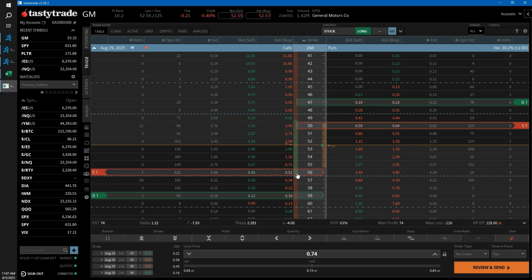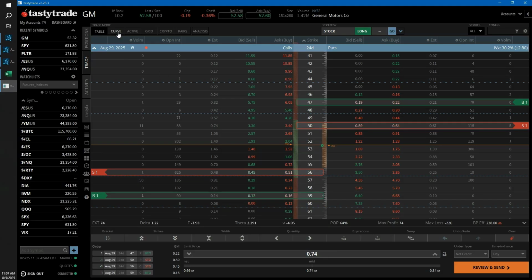Now going to the upside, selling credit to the upside, 56 right at one standard deviation, and then buying the 59 to cap that off. That gives us about 29 cents. So overall, the trade is going to bring in about 75 cents of credit.